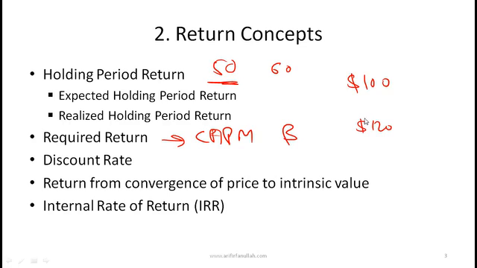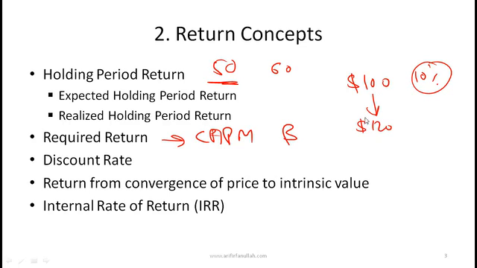Now, if the stock is trading at 100 and the required return given the level of risk is 10%, then you are expecting two sources of return. One source is that regular 10% that you would get based on the level of riskiness, and the other is based on the convergence from 100 to 120.